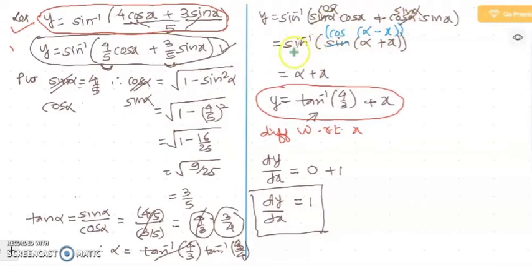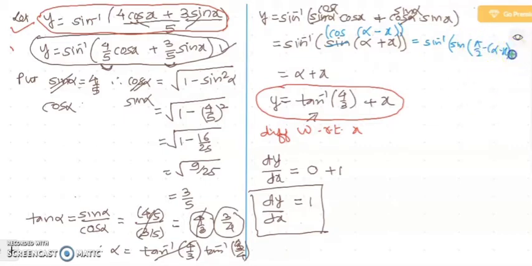Now we are happy to solve sin inverse of sin of something. If sin inverse of cos of something is asked, then we make a small change. Sin inverse can't be changed. What you can change is this cos of alpha minus x could be written as sine of pi by 2 minus alpha minus x.